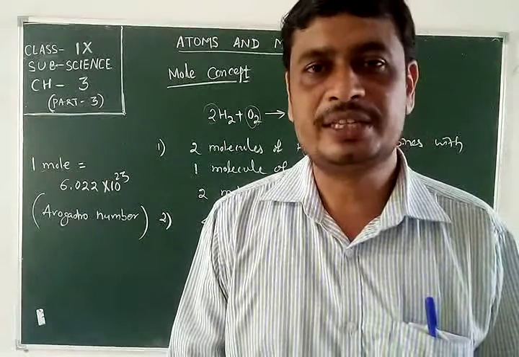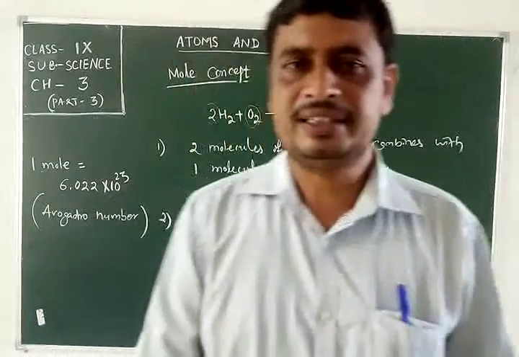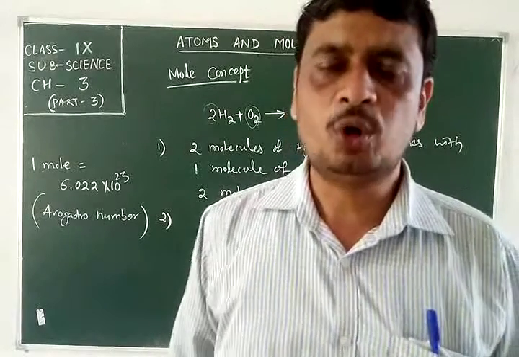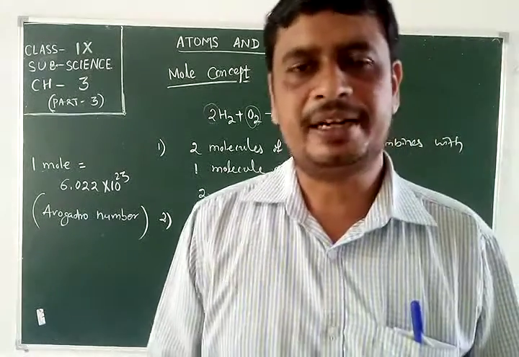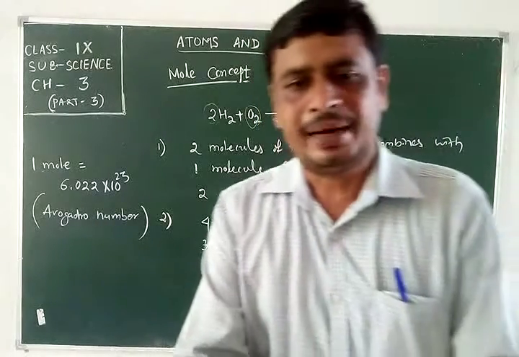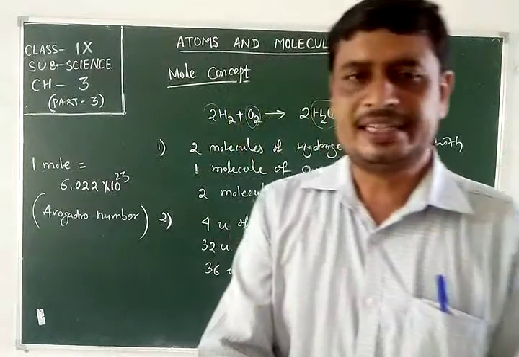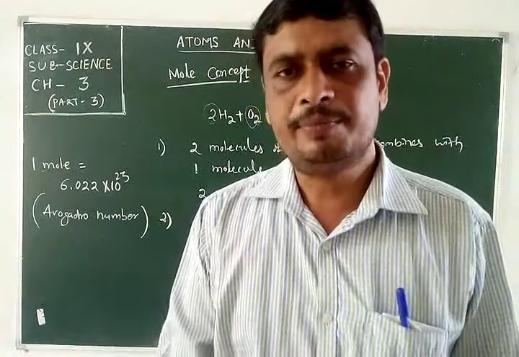Their mass is always fixed. That is the advantage of the mole over the dozen or gross, or what we consider for a number of things. The mass of 1 mole of a substance is equal to its relative atomic mass or relative molecular mass.